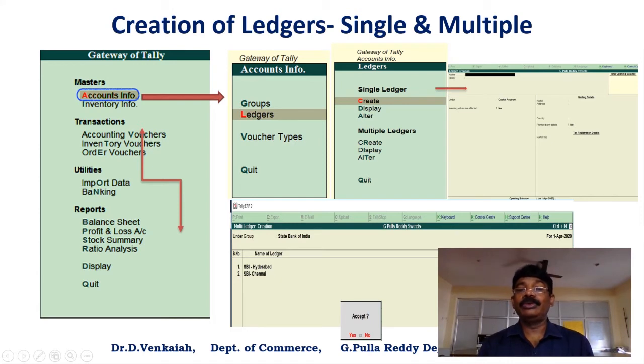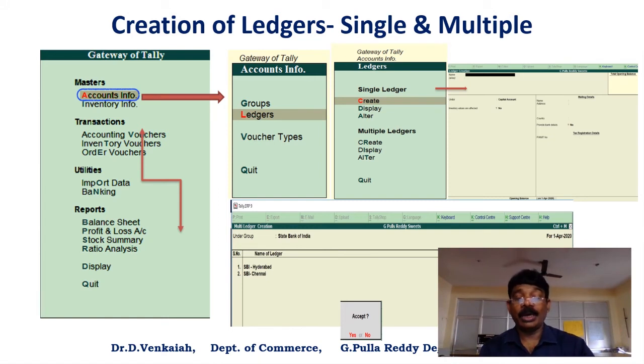This is the creation of ledger accounts under single mode. The selection of ledgers is the same for multiple. When you select create under multiple ledgers, it is for creation of ledger accounts under multiple mode. So at a time you can create a number of ledgers under either one group or all the groups.